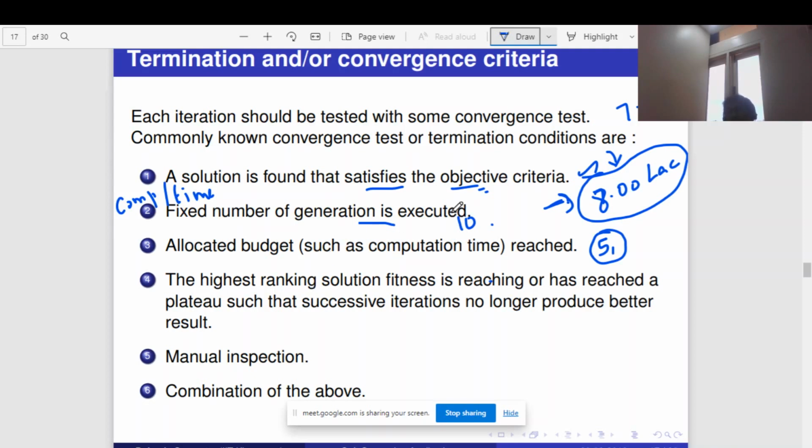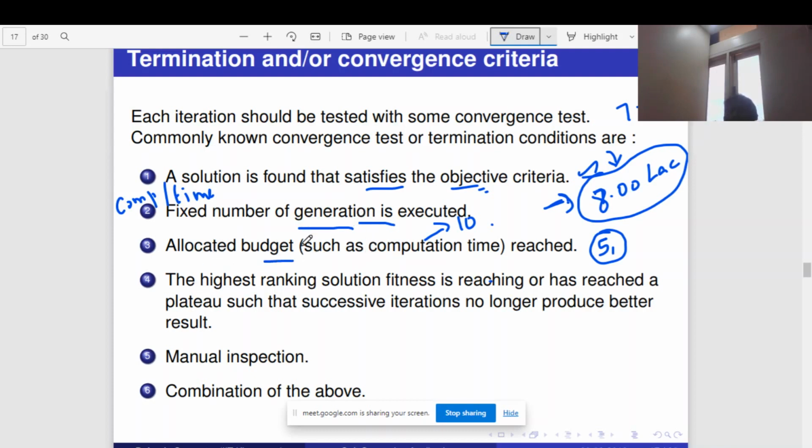Some AI programs run for several days to converge to a solution, maybe on a supercomputer. So let me execute for 10 days, and after 10 days, whatever solution comes, I'll take that. That is called a fixed number of iterations. Here, instead of iteration, we use generation, because in each iteration a new set of offspring is generated.